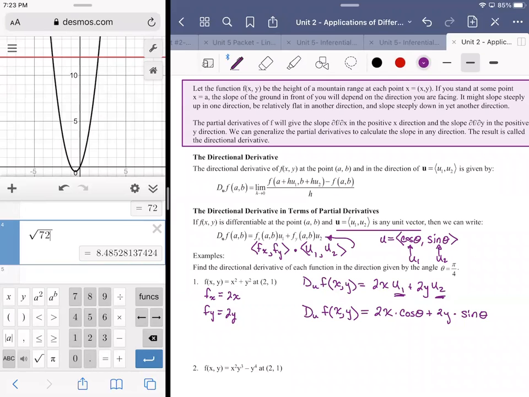It's the unit vector in the direction of pi over 4. So D sub pi over 4, also knowing that we're working with this at 2 comma 1. So 2 times 2 cosine pi over 4 plus 2 times 1 sine of pi over 4.